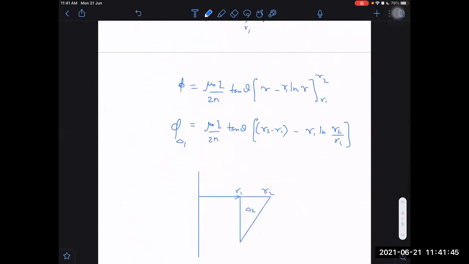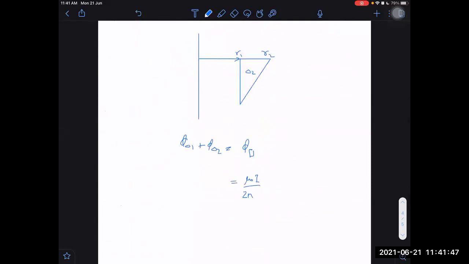Sir, when we divide and join, we can't say that there is compulsorily a rectangle. Sir, I really don't understand what you are saying. Why wouldn't it be a rectangle?